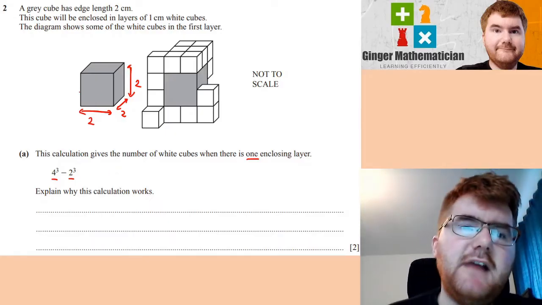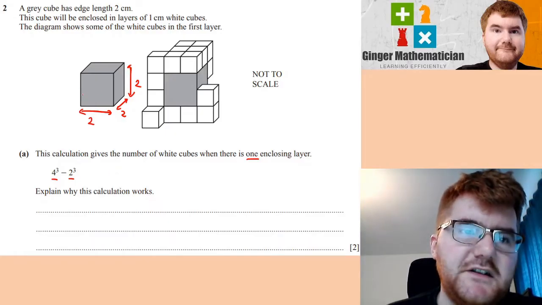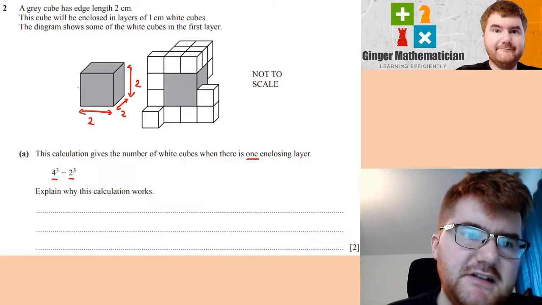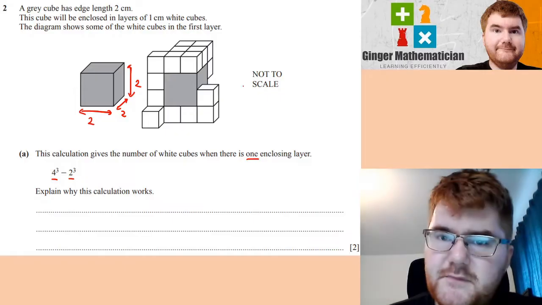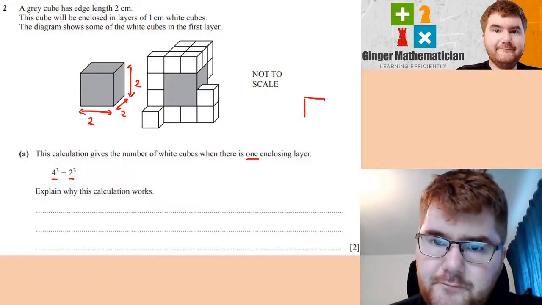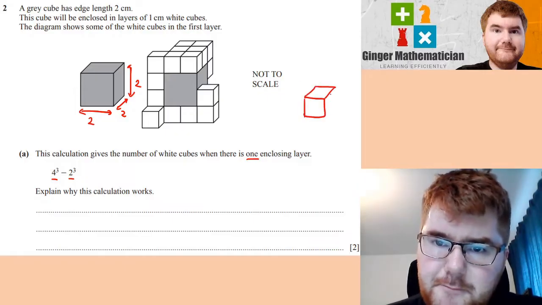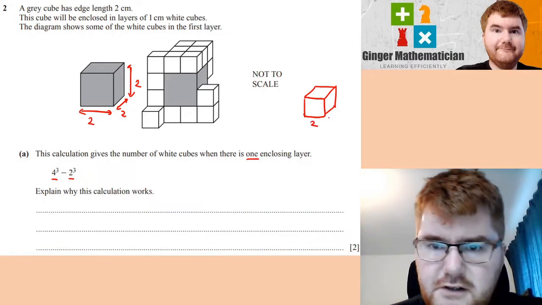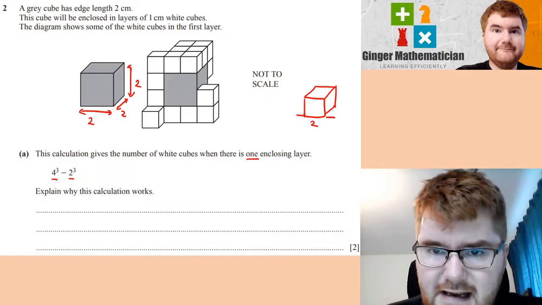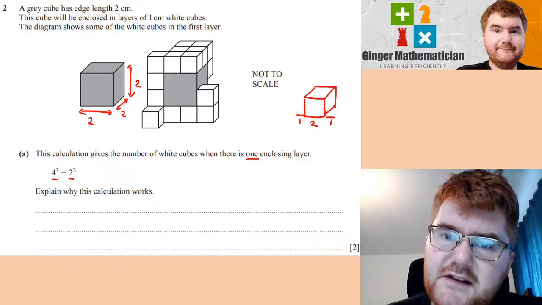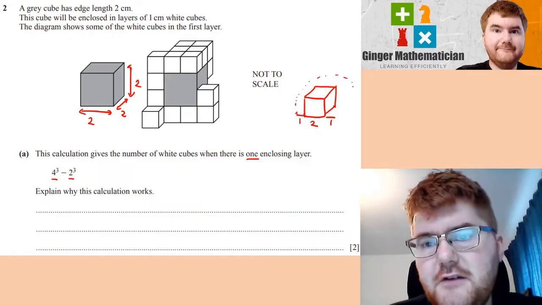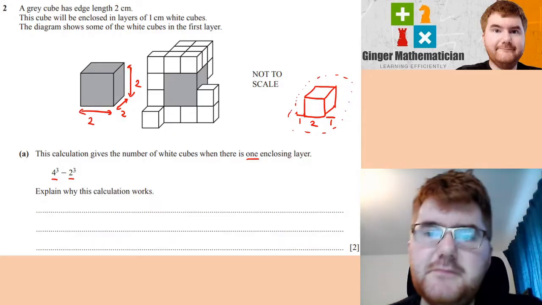Well, if this is surrounded by a layer of white cubes, then you're going to get essentially a 4 centimeter cube. So if I draw this over here, so this is my 2 centimeter, so call this 2, and if I add on an extra layer here, an extra layer of 1 on both sides, then as I surround this shape, it's going to give me a 4 centimeter cube.